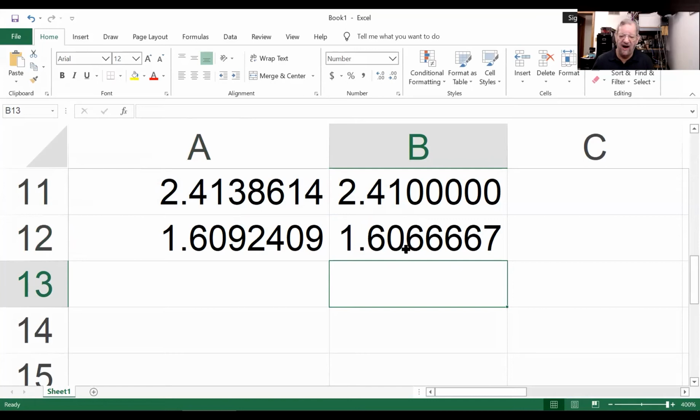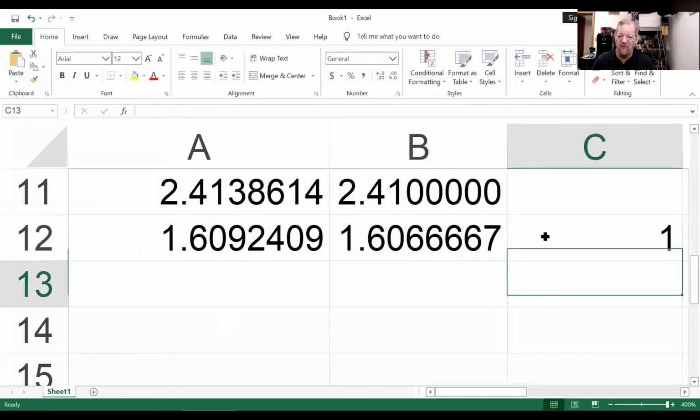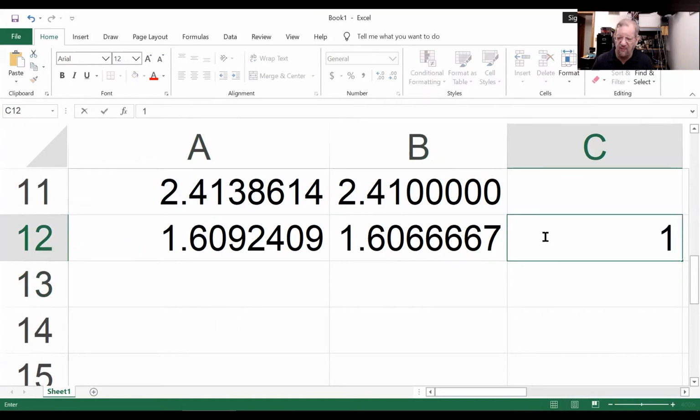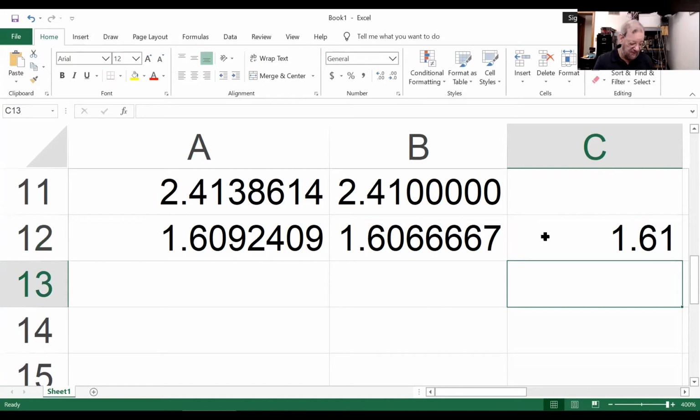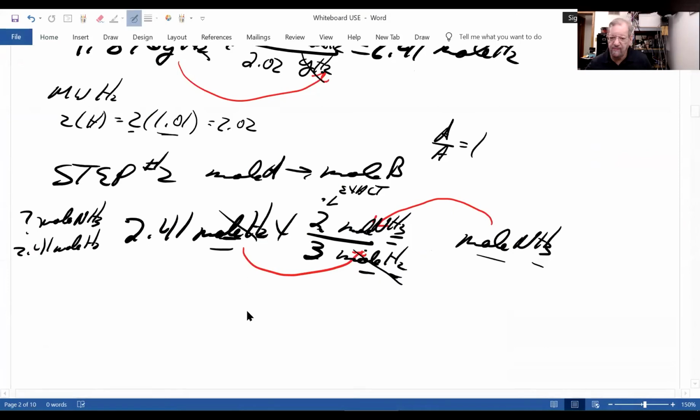And this one, I'm going to round off to 3 significant figures. This would be 1.61 moles of ammonia.